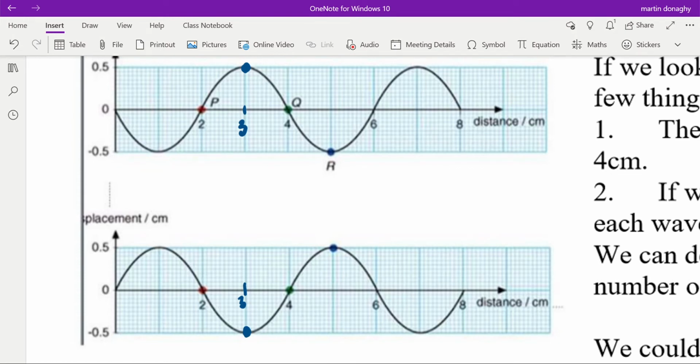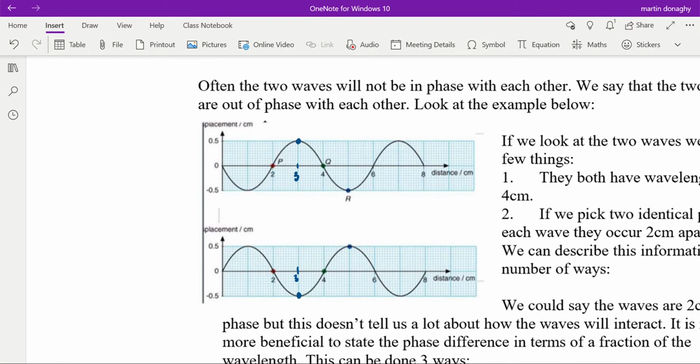When this is having a positive displacement, the second wave is having a negative displacement. In fact, they're doing the opposite thing. So in this very precise case, we would say that they are out of phase or in anti-phase.